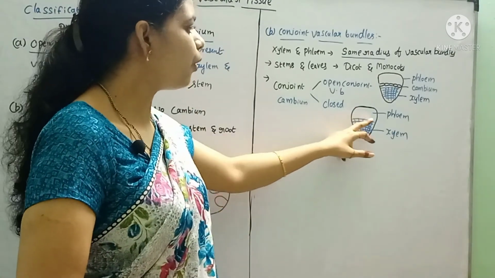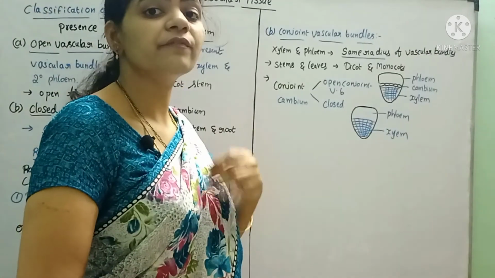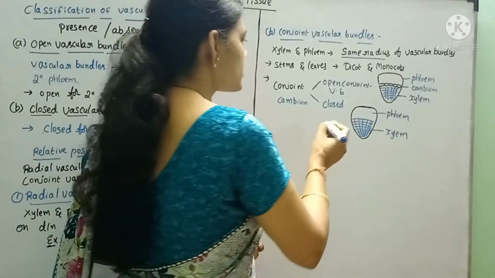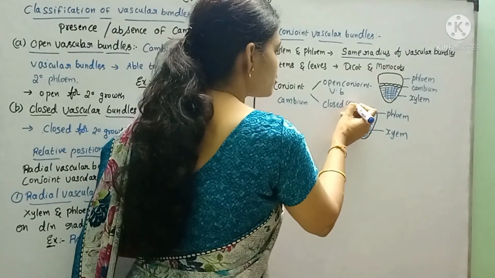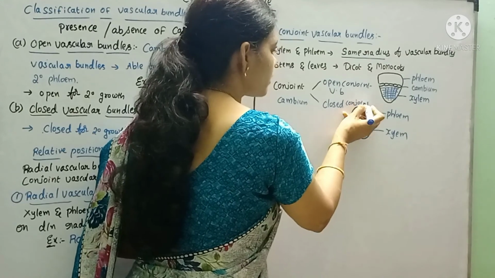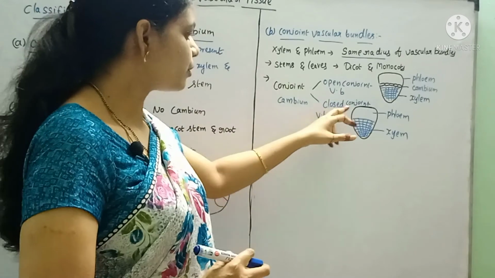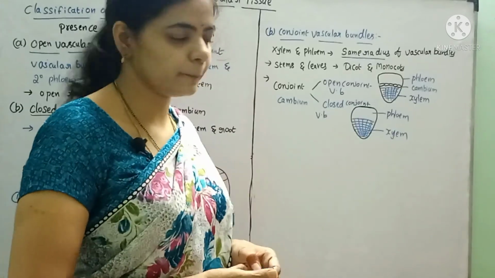And if there is no cambium, if the cambium is absent between the xylem and phloem, that is called a closed conjoint vascular bundle.